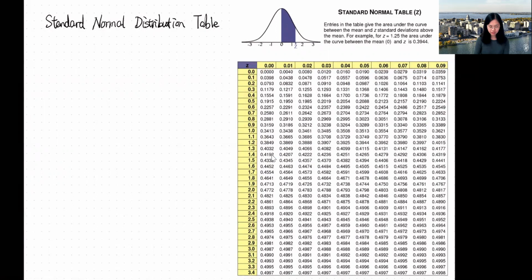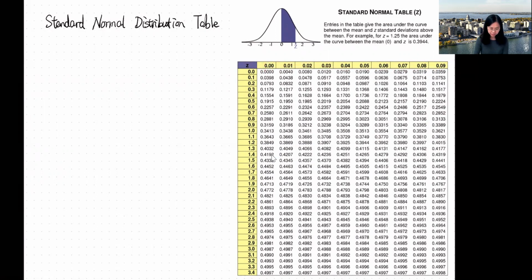So the row titles are the first digit of the z value up to the first decimal point, while the column titles are the second decimal point of the z value.